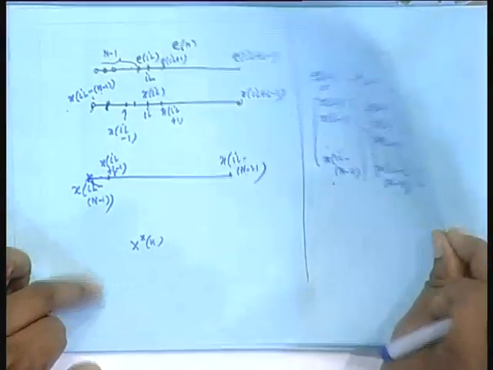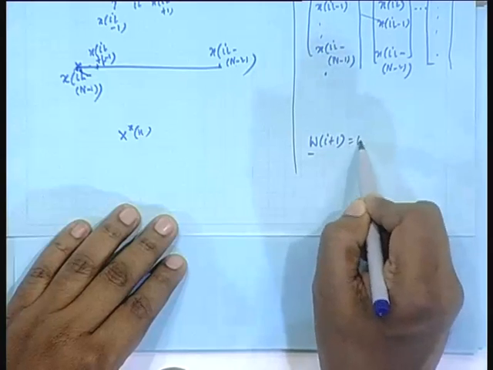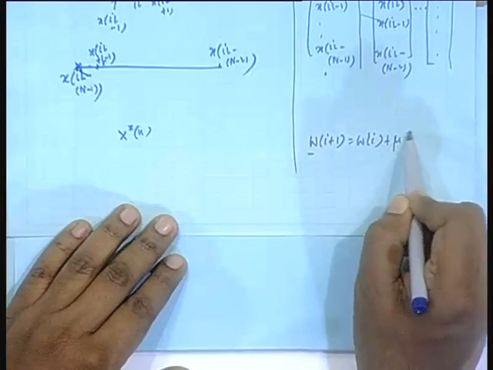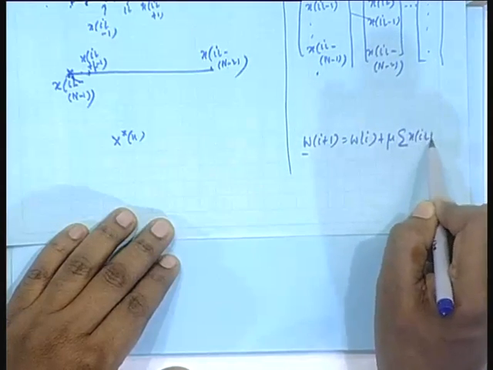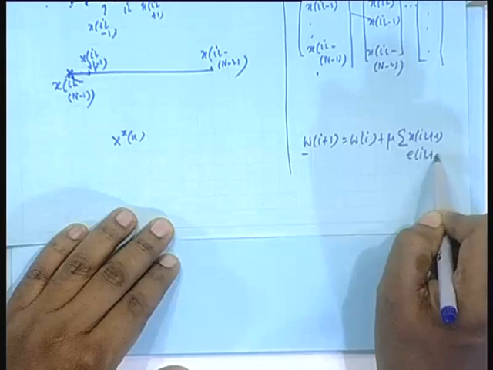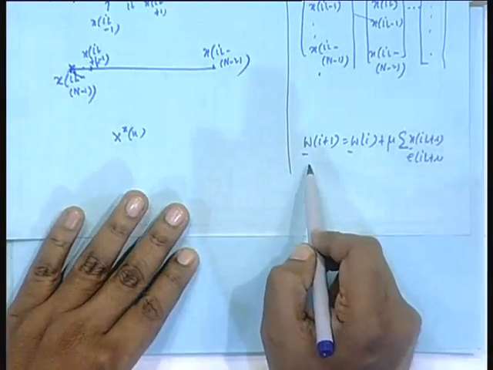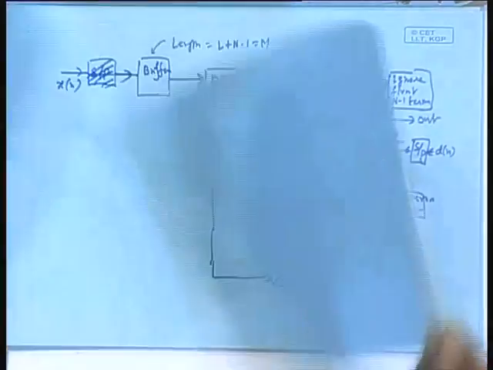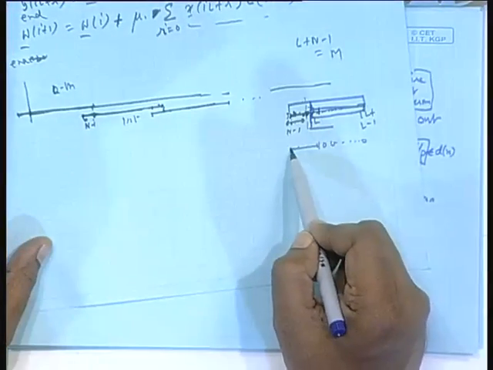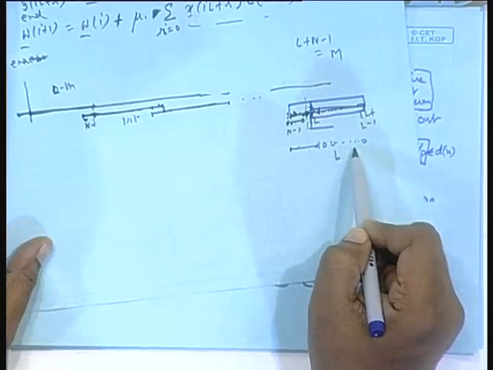Why 0? Because my weight update formula is, all these are length n, isn't it? But remember, in that circular convolution, filter, I mean I added extra zeros, isn't it?